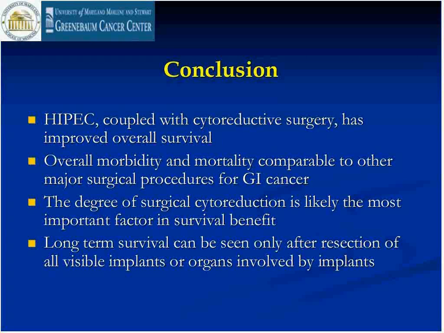The degree of surgical cytoreduction is by far the most important factor in achieving long-term survival. And certainly, long-term survival can be seen after resection of all visible implants or organs involved by the tumor, and it's also feasible even if the patient has a recurrence, because it would still have a survival advantage for this patient.